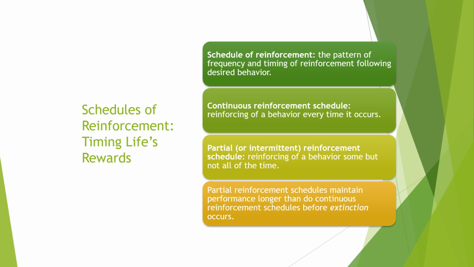Partial means that sometimes you get reinforced, sometimes you don't. The partial reinforcement schedule maintains a longer performance because you don't know that you're going to get reinforced every single time. Sometimes you do, sometimes you don't. And so it's going to prolong your performance schedule.